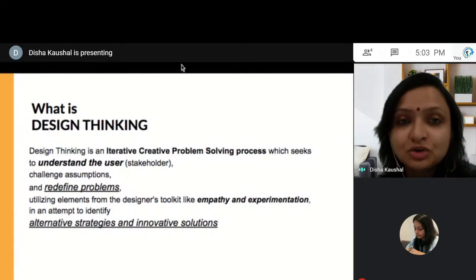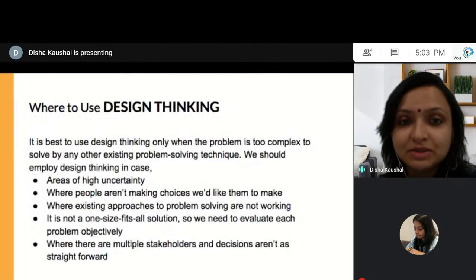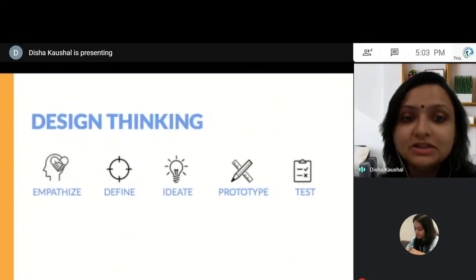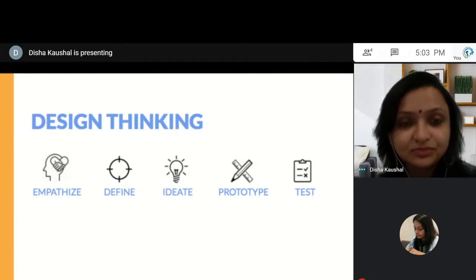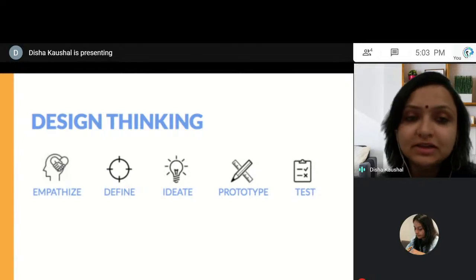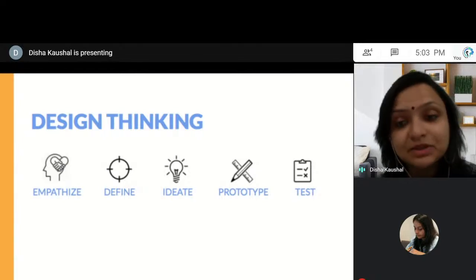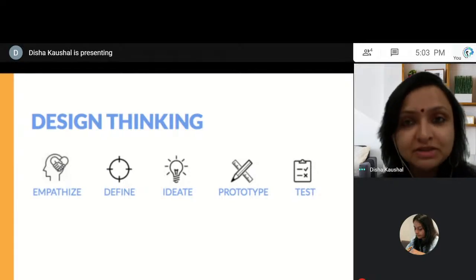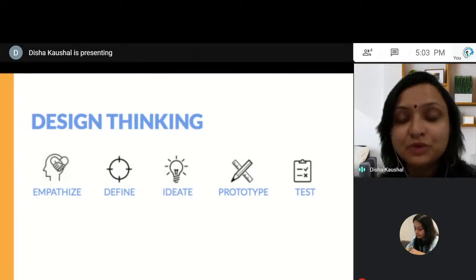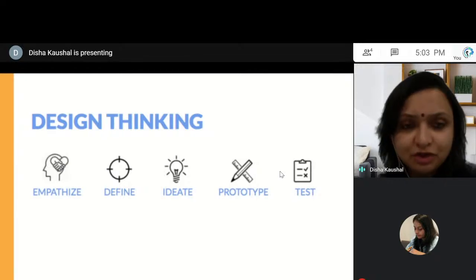All right. I had told you about this 5-step design thinking framework: empathize, define, ideate, prototype, and test. And we moved on to discussing how you can actually practice empathy, because you need some actual action points to be able to put yourself in the shoes of your user, consumer, client, whoever you might want to call them.